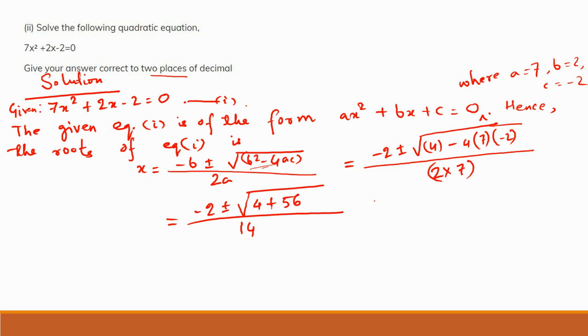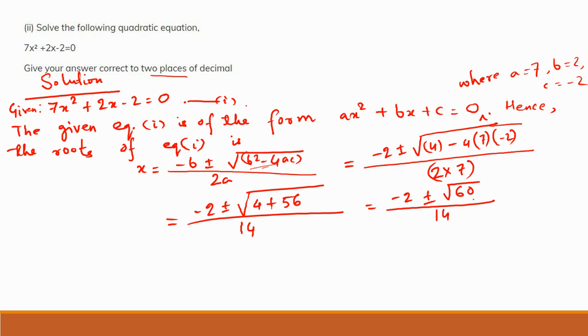And this should be 14. So minus 2 plus minus, just write root over 60 divided by 14.